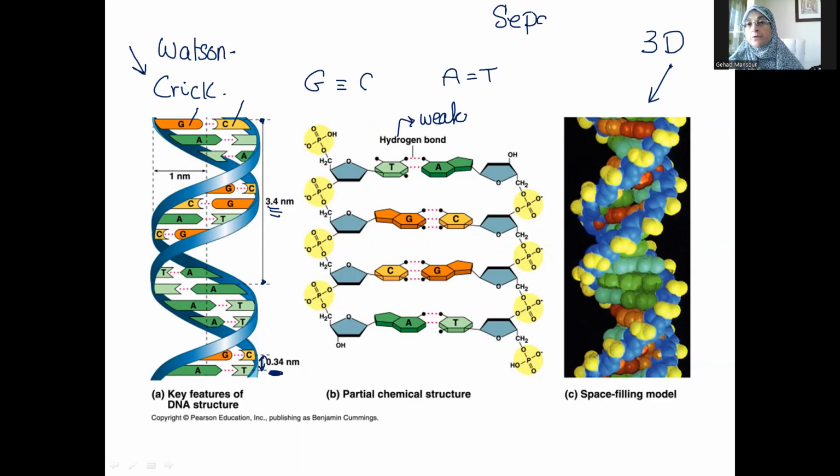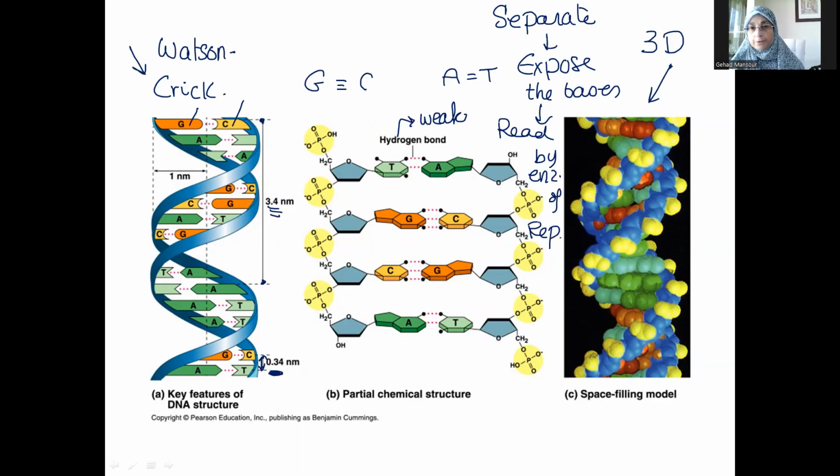So during replication we separate the 2 strands in order to expose the bases, and when you expose the bases, they can be read by the enzymes of replication, okay?